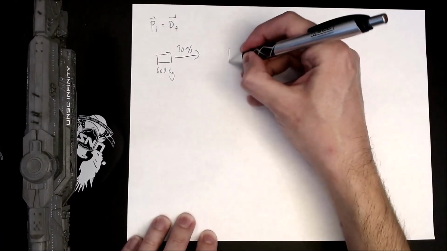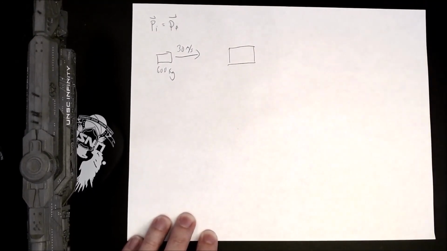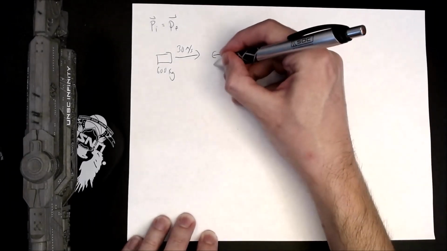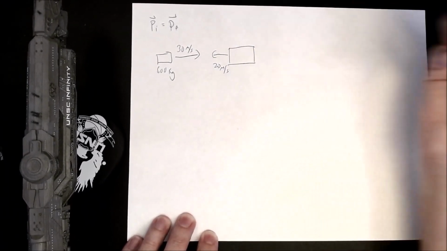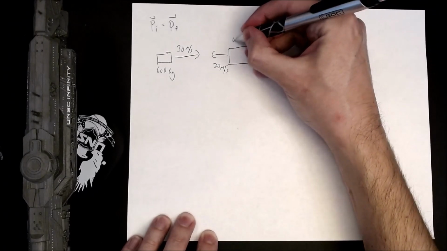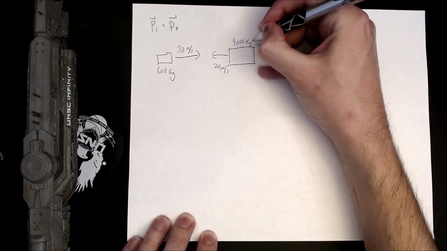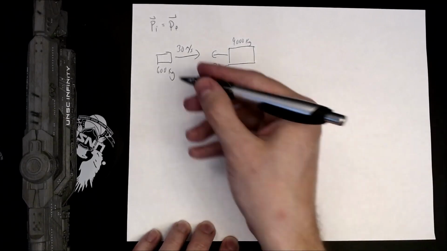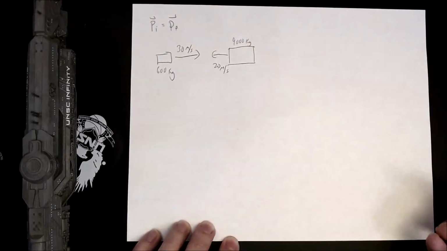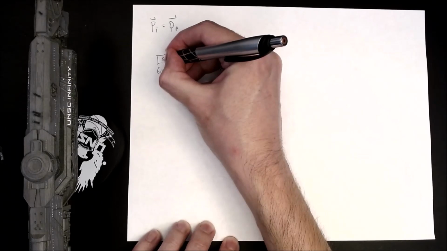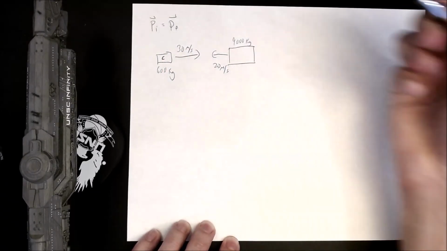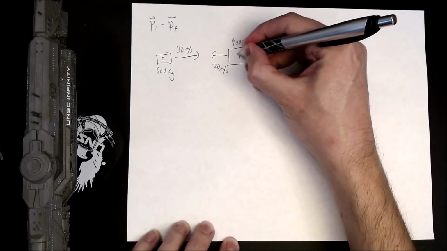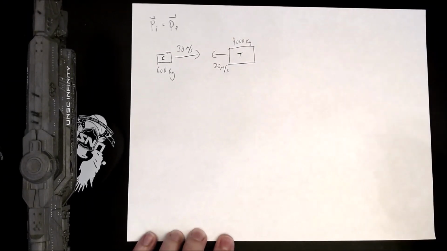And we've got our semi, or our UNSC Infinity, going west at 20 meters per second with a mass of 9,000 kilograms. I'm going to name the smaller object the car, which I'll denote with a C, and I'm going to name the larger object the truck, which I'll denote with a T.